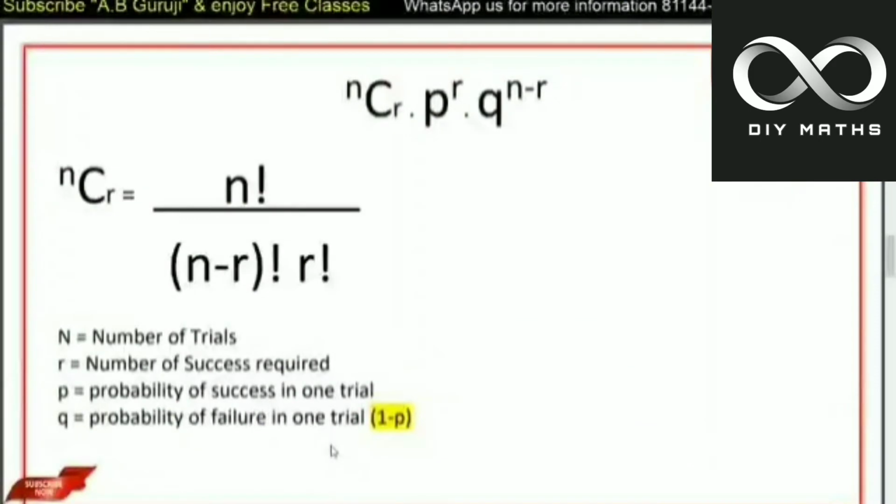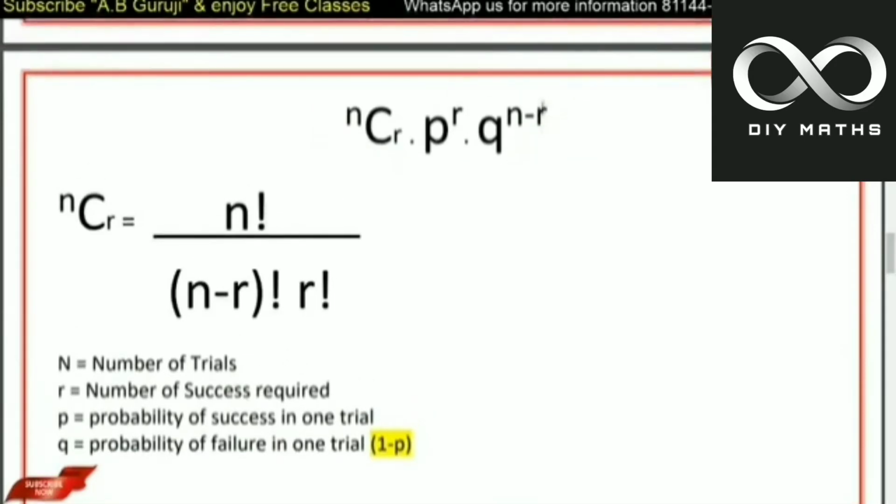Now we'll see the formula for the binomial distribution: nCr p^r q^(n-r), where nCr is the combination of n trials, r is the number of successes, p is the probability of success in one trial, and q is the probability of failure in one trial.